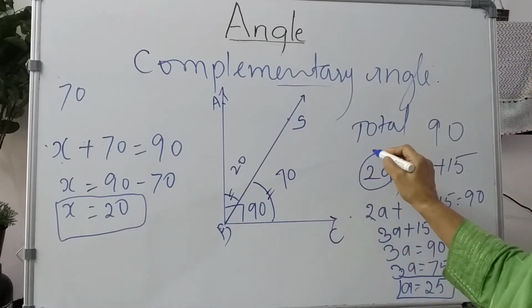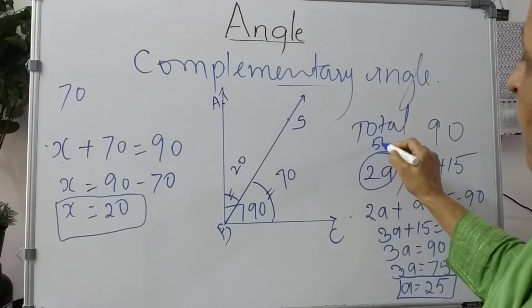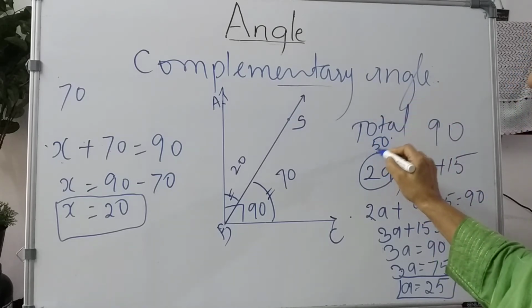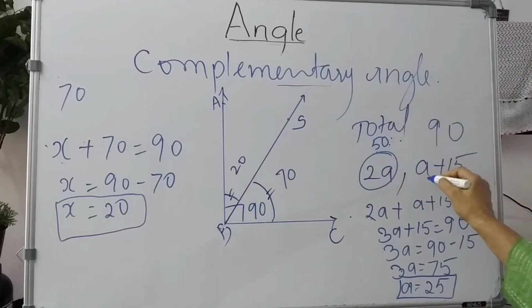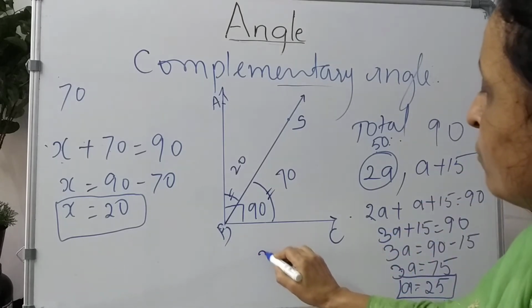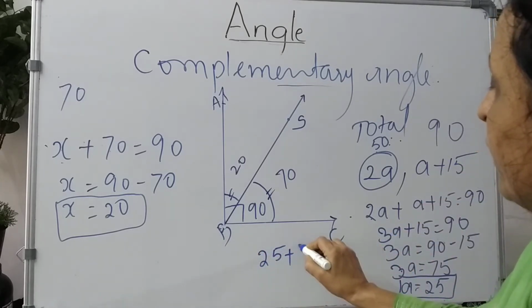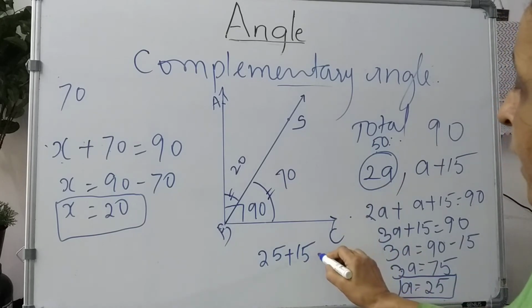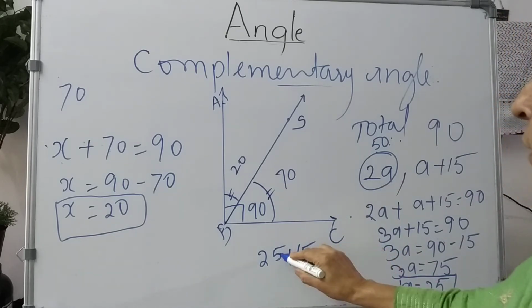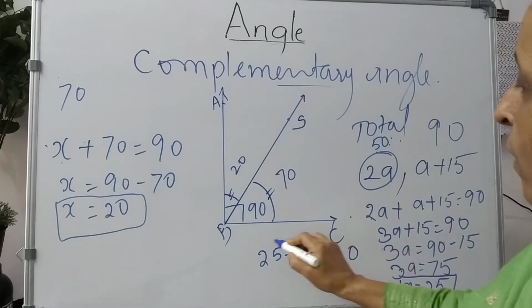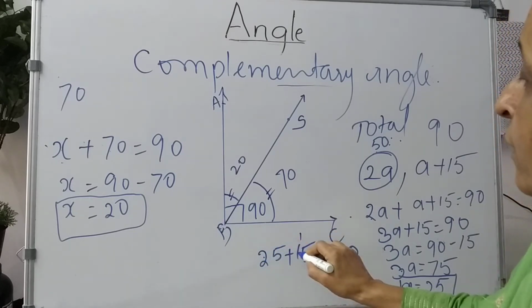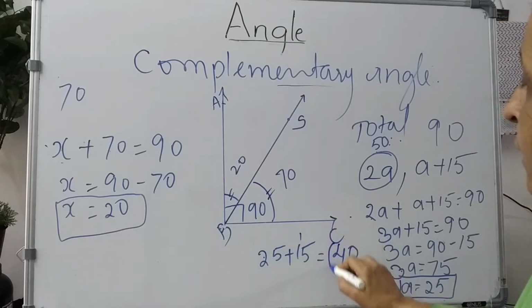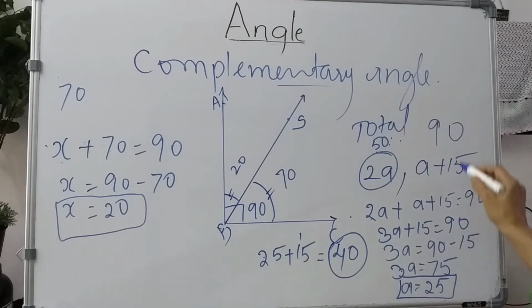Now A you have got 25. 2A, you multiply 25 by 2, this becomes 50. So one of the angles is 50 and the other you can either add 25 plus 15 or you can subtract from 90. Either way, the other angle is 40 and one is 50.